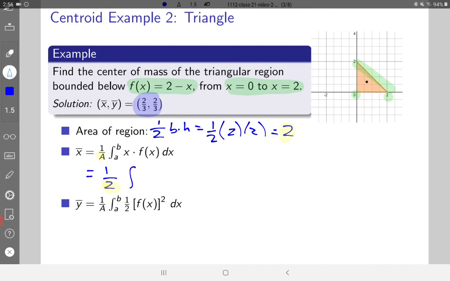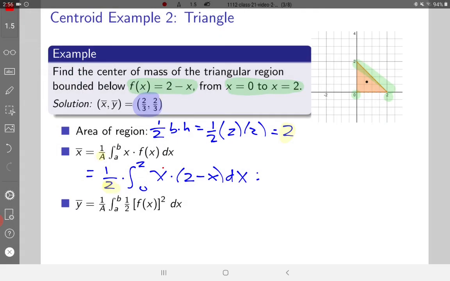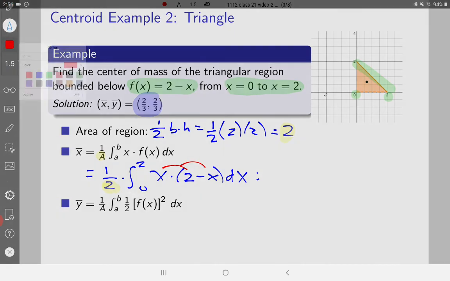I'm going to have an integral from 0 to 2. Those are the boundaries that I see here in x. I'm doing an integral with respect to x. And the function itself is 2 minus x, so there's x times the function. I would recommend distributing that x into both parts here.